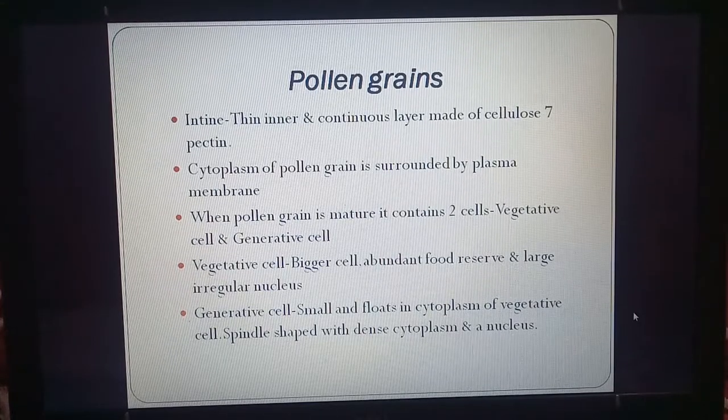The vegetative cell is bigger. It has more food reserve and a large irregular nucleus. The generative cell is small and it floats in the cytoplasm of the vegetative cell. It is spindle shaped, meaning thick in the center, with dense cytoplasm and a nucleus.